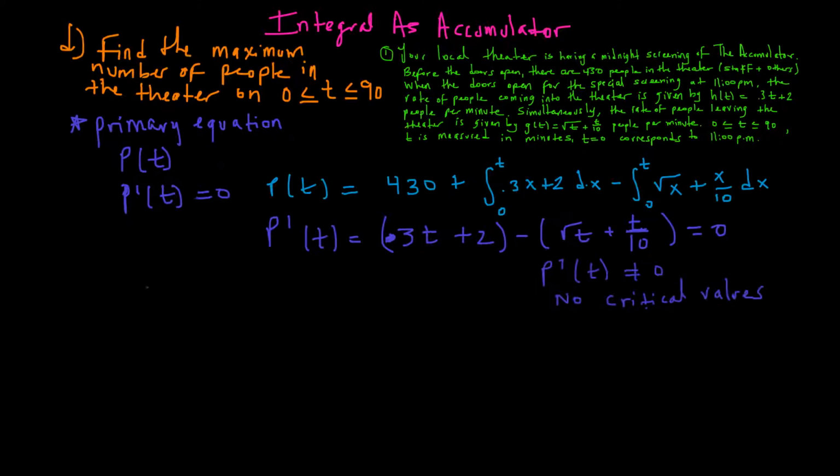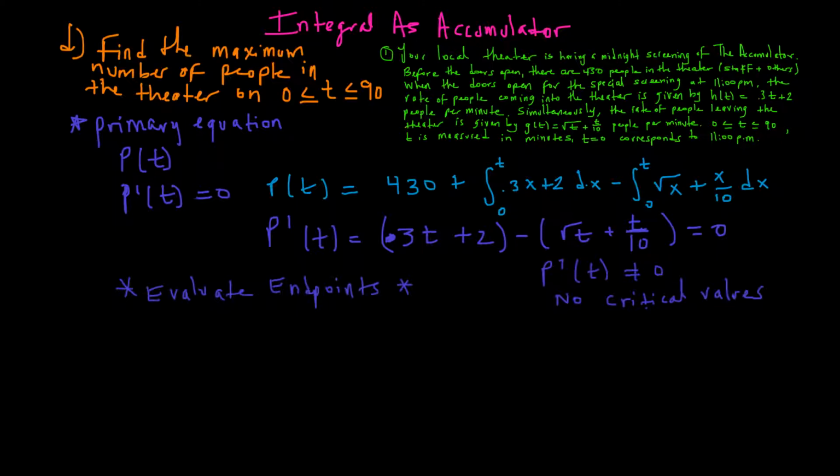So now we evaluate, which is what we would have done anyway. Even if we do find critical values, the next step is to evaluate endpoints. Now again, when you try your homework, if you find critical values, you also bring them in, and you evaluate endpoints and critical values. And where do we evaluate the endpoints?